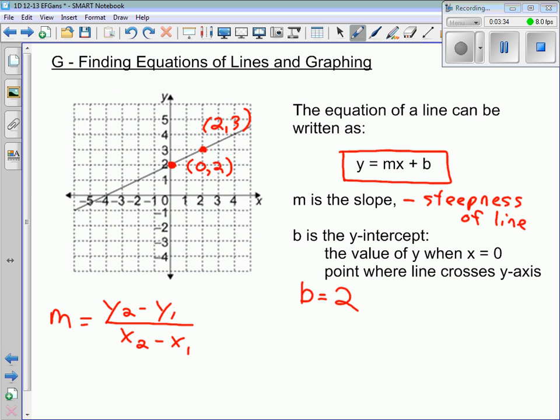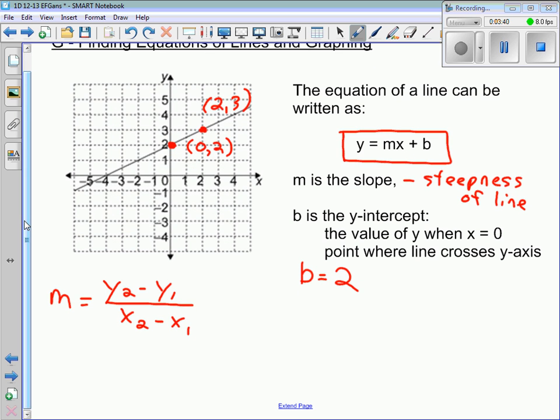Okay, so we've got 2 points on our line here, 0, 2, and 2, 3. Let's call one of them point 1 and one of them point 2. So this will be x1, y1, and this one will be x2, y2. And let's plug these into our equation for slope.